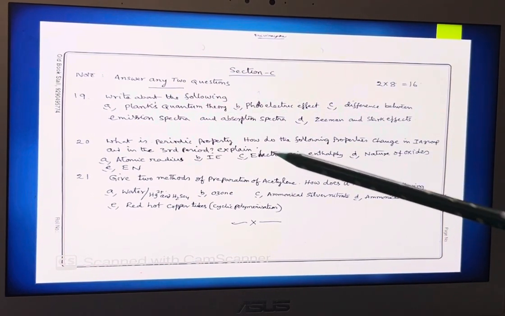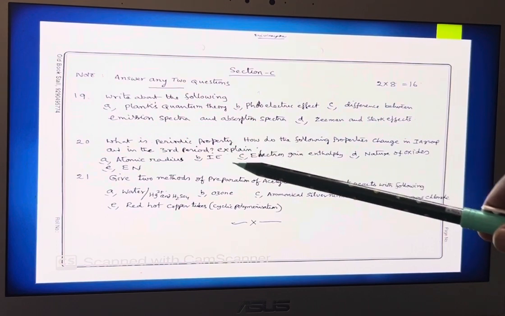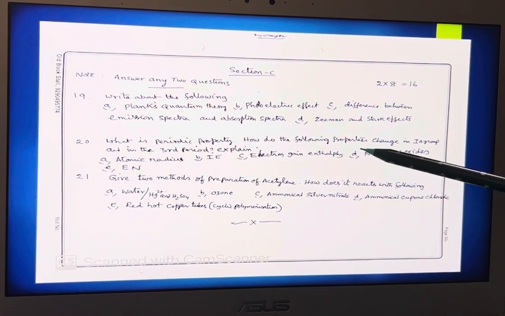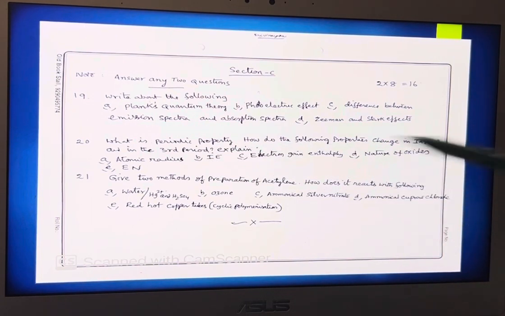What is a periodic property? How do the following properties change in the first group and in the third period? First group means alkali metals, and third period typical elements.